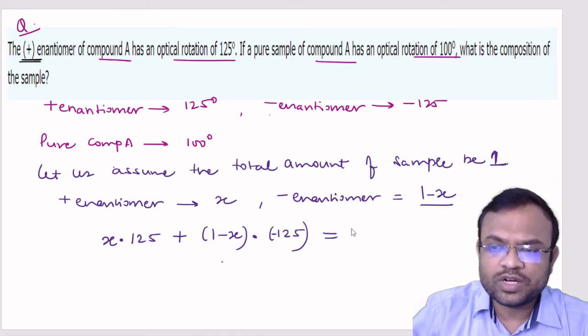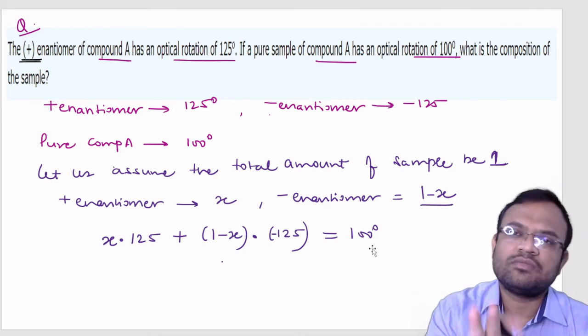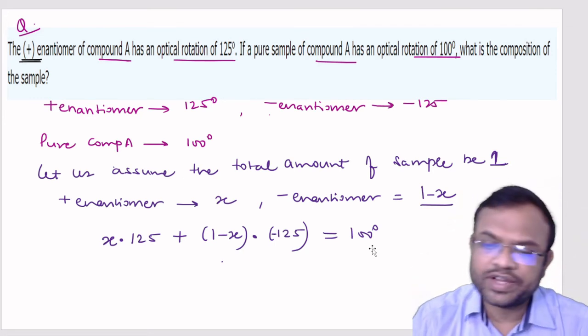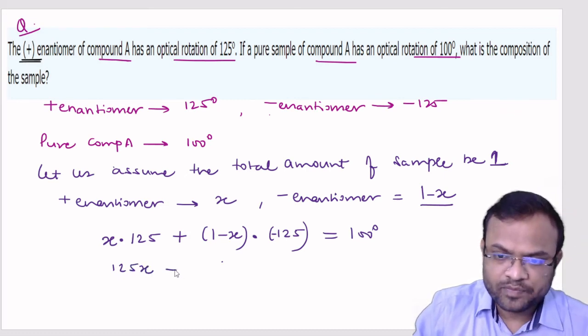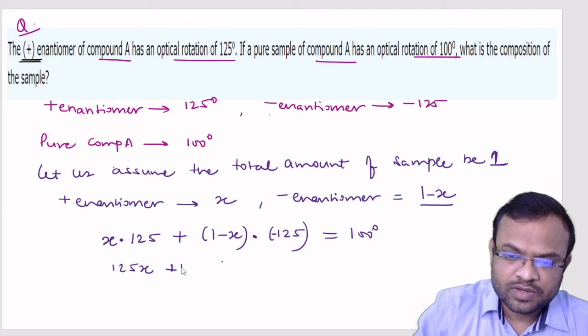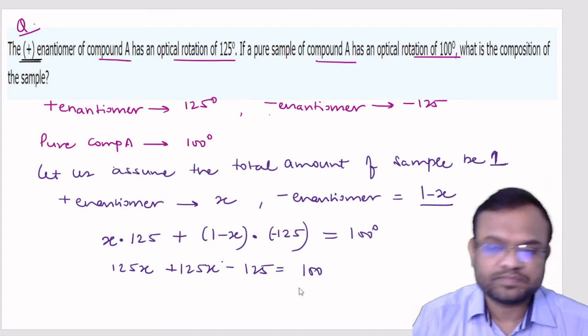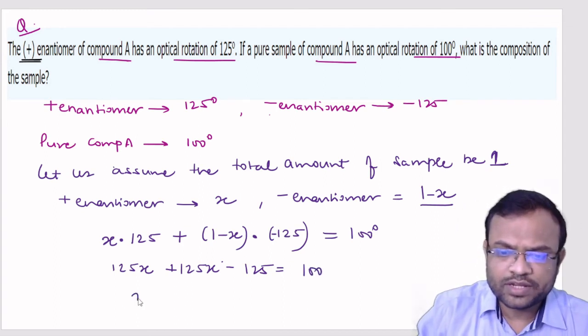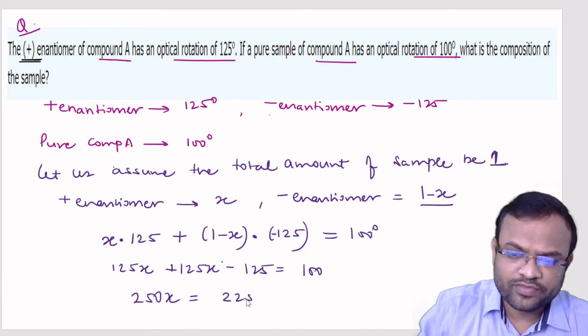This would be equal to 100 degrees, because the final rotation that can be seen is 100 degrees. Now let us solve this. 125x plus 125x minus 125 is equal to 100.